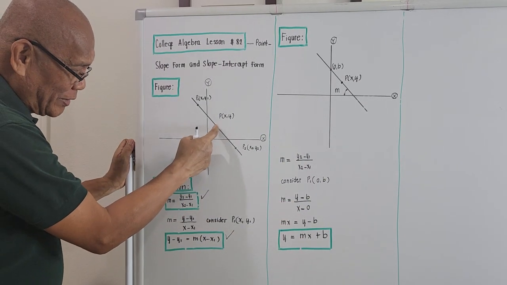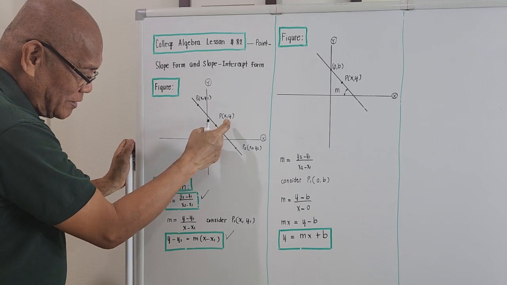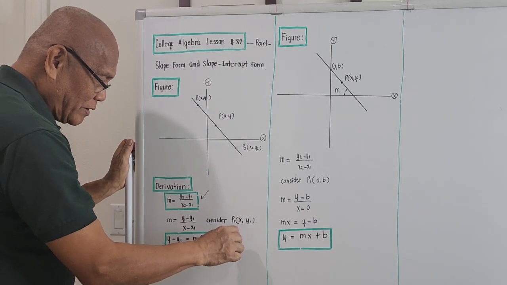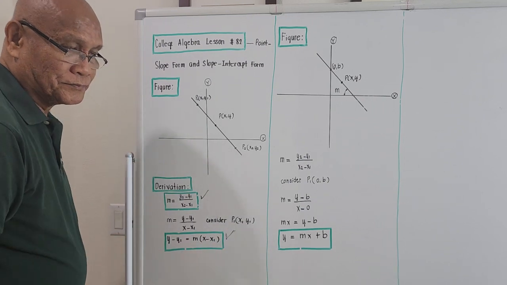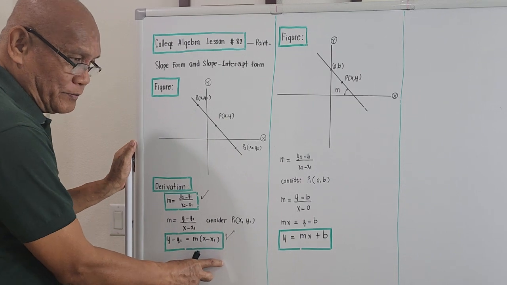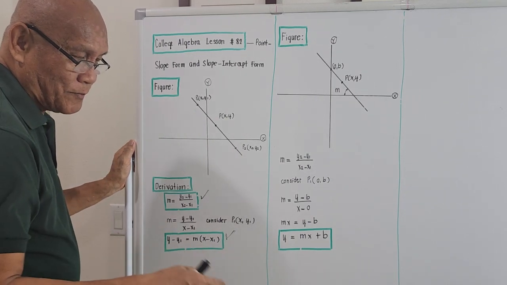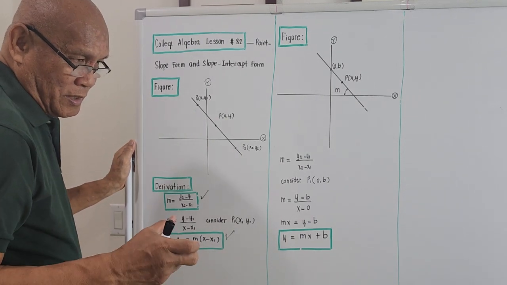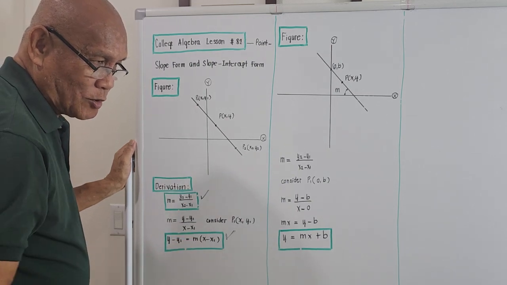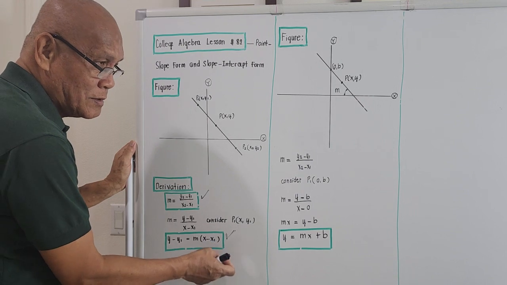And this point P here with coordinates x, y lies on the straight line. So this is general equation number 1. As simple as that. So memorize this by heart, because if you are solving a problem that involves a point and a slope, and under the study of analytic geometry, you will be using this one.